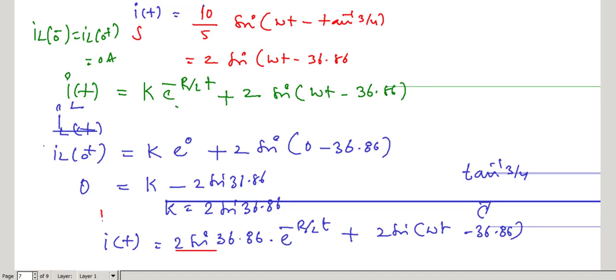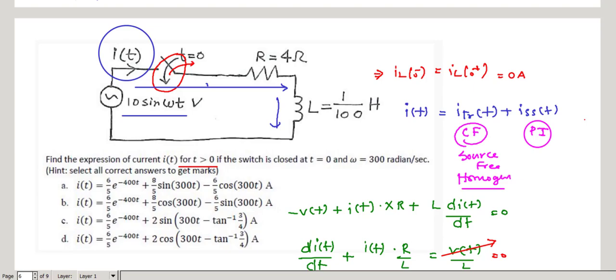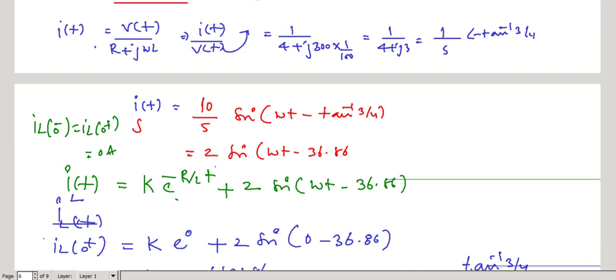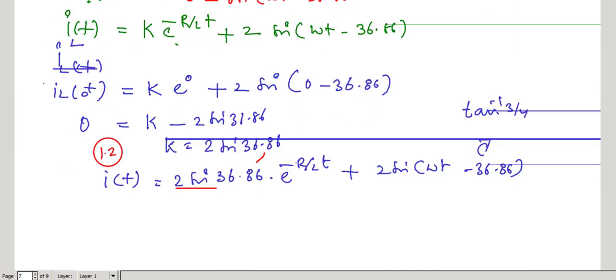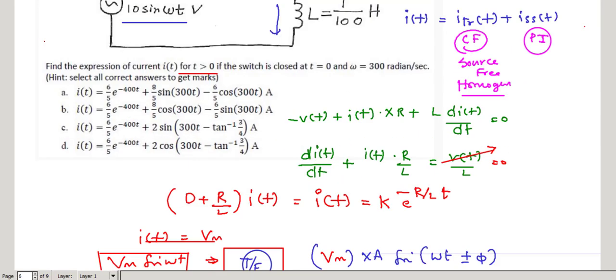So this is 1.2 e power minus R by L, that is 400 t, so e power minus 400 t. Check where 1.2 is coming from: 6 divided by 5 is 1.2, correct. So 6 by 5 is correct.